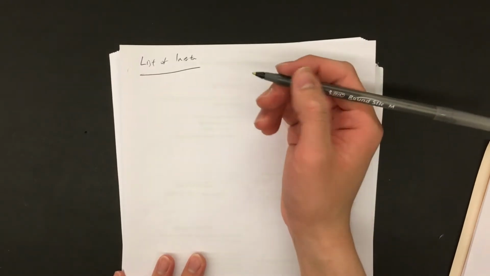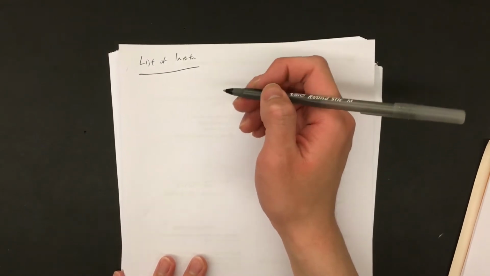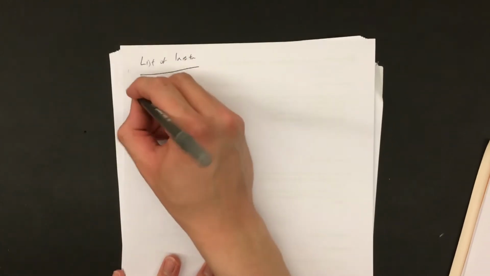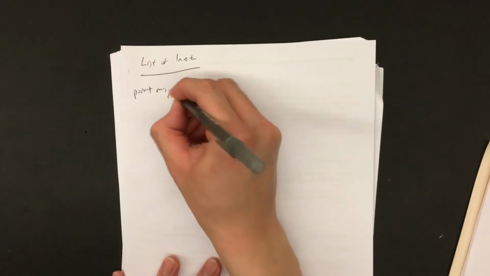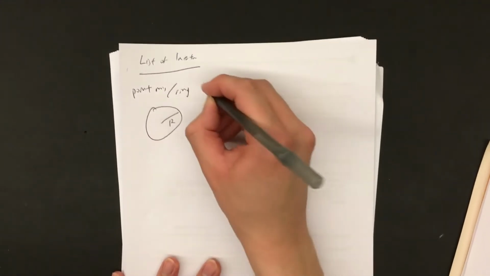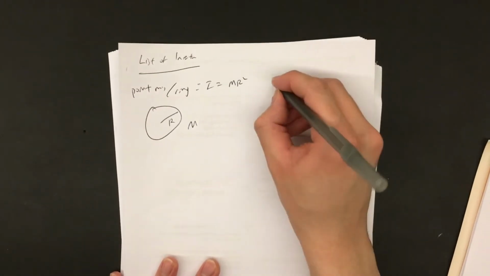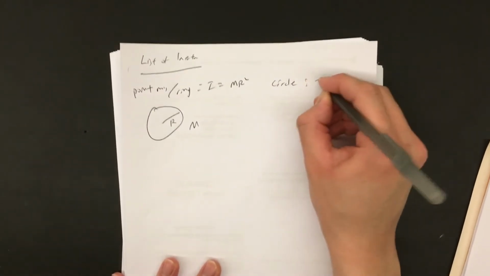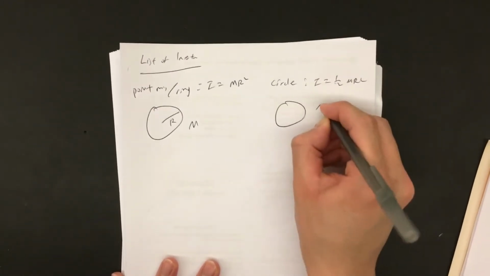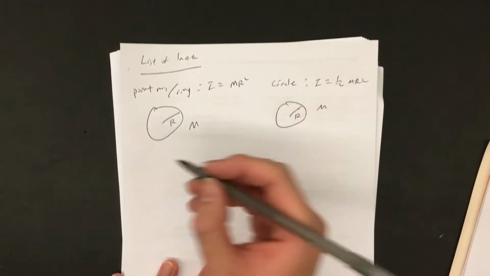Now, since it is very tedious to calculate the inertia of these objects, there is a list of inertias that is useful for you to memorize. For a point mass or a ring with mass M and radius R, the inertia equals MR squared. For a disk, the inertia equals 1/2 MR squared, in which M is the mass and R is the radius of the disk.